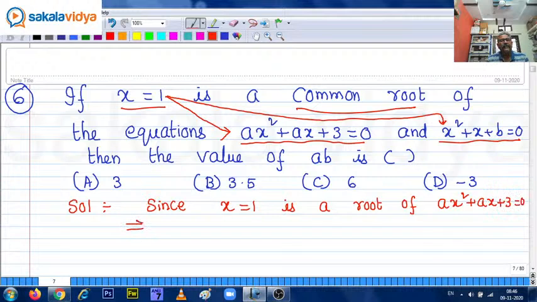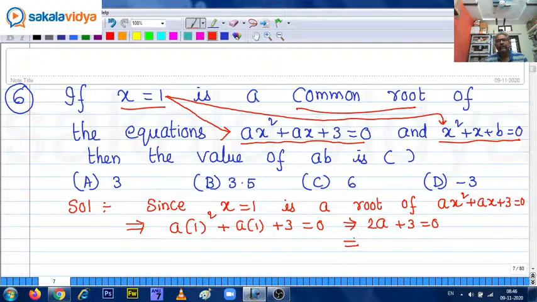So that implies in the place of x 1, a times 1 square plus a times 1 plus 3 equals to 0. So we get a into 1 square is 1, a into 1 is a, plus a, 2a plus 3 equals to 0. So now 2a equals to minus 3. Obviously a equals to minus 3 by 2.